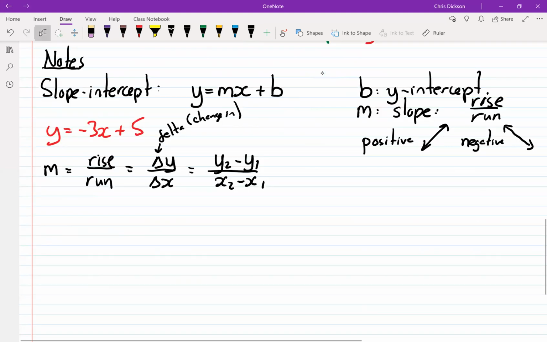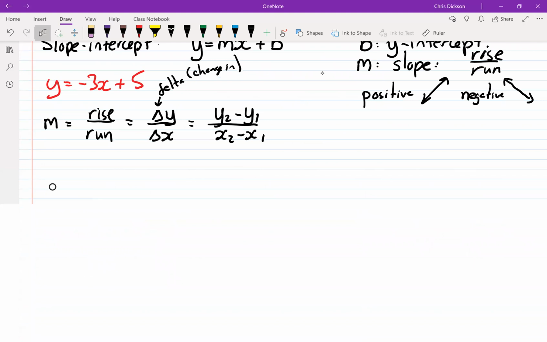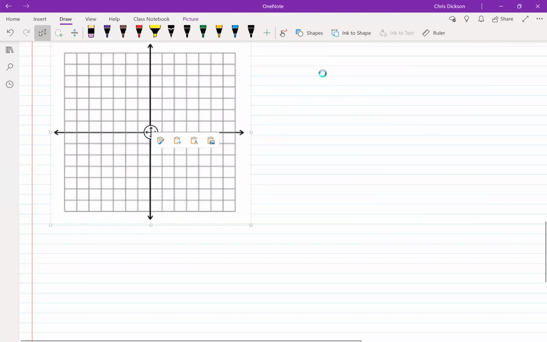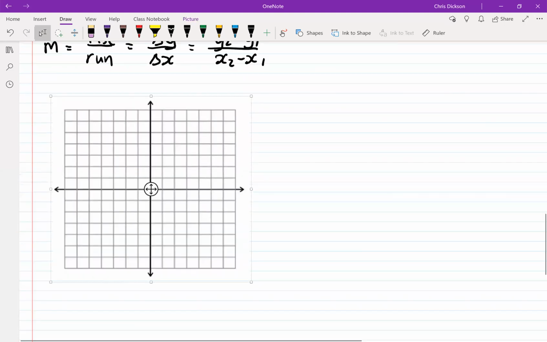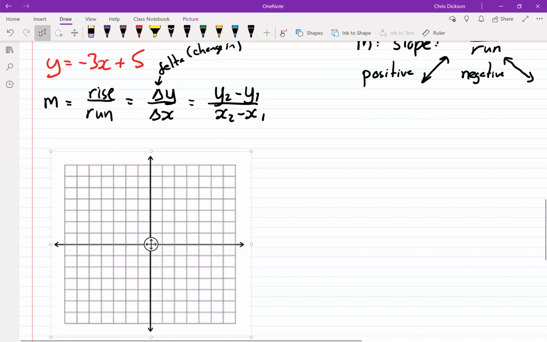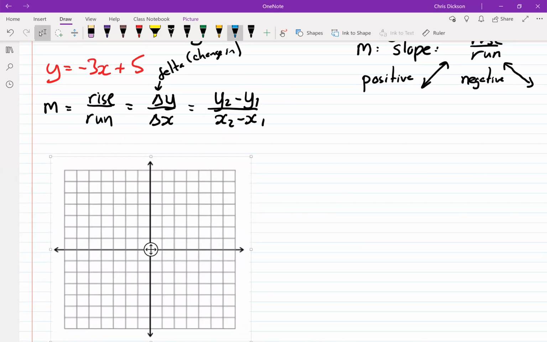Okay, so control V. There we go. Okay, so if you guys can just take a second to draw this picture here. Let's put a point here, and a point over here.